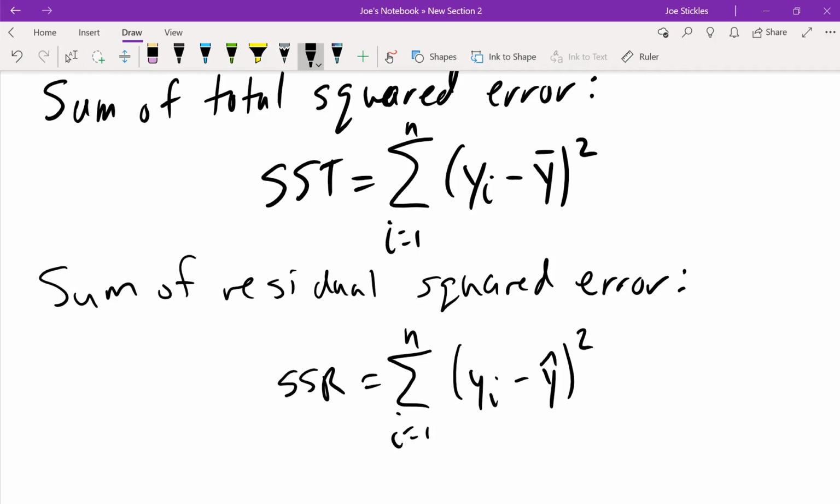The y hat is really the output you get from the model. The way I wrote this is y equals ax cubed plus bx squared and so on down the line. We're modeling this thing, so this is really your y hat. When you put inputs in, you get out a y hat. So this is how far each of your modeled values is from the data points.